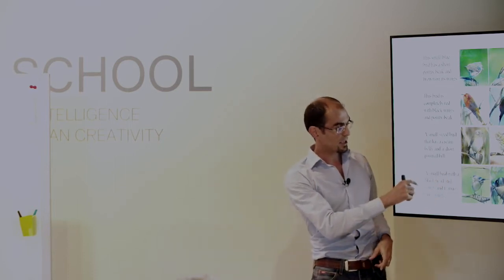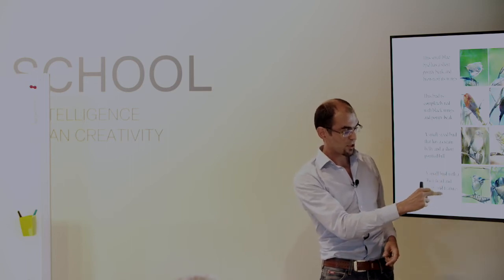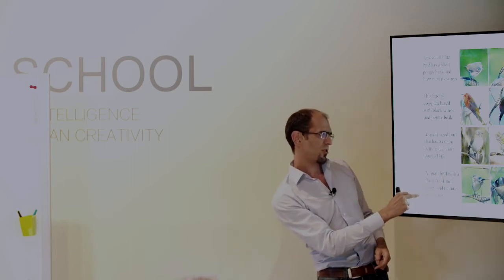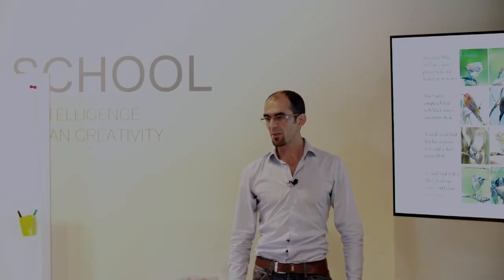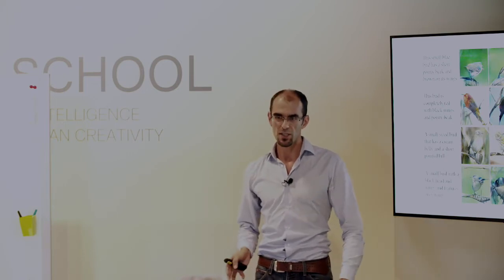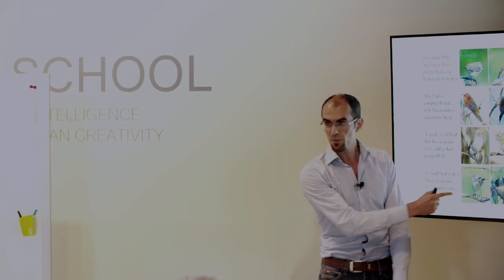Okay, so you have examples here of a small bird with a black head and wings and features gray wings, whatever, the sentence is a bit malformed. So you have things that look like birds, but if you look at them in detail, they're kind of monsters. You don't really want to meet a bird that looks like this, presumably.